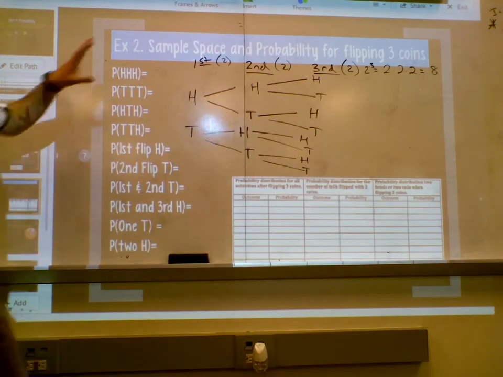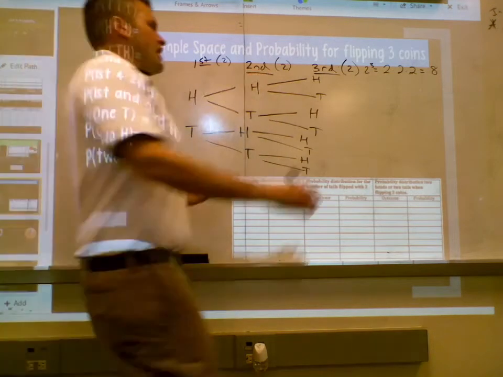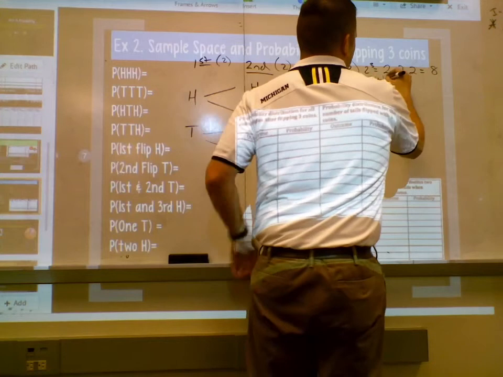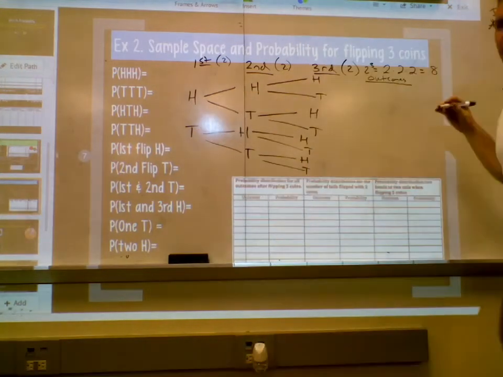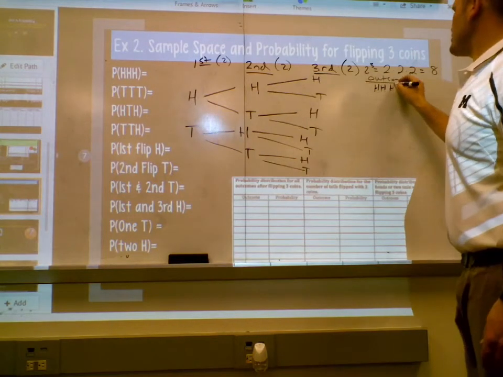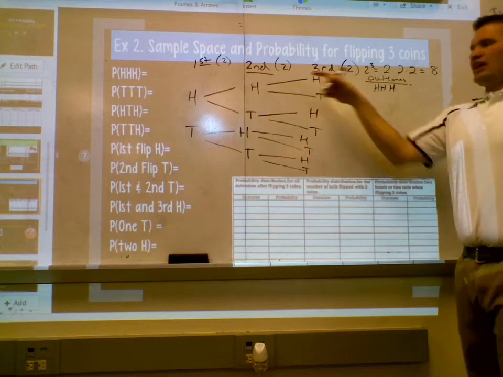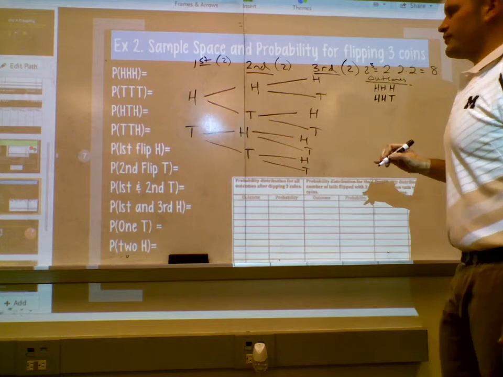So this is our sample space. But this might be tough to read. So we can actually write out all our outcomes. So if I go across the top path, what do I get? How many heads? 3. So 3 H's. Okay? Next path down. Heads, heads, tails, right?